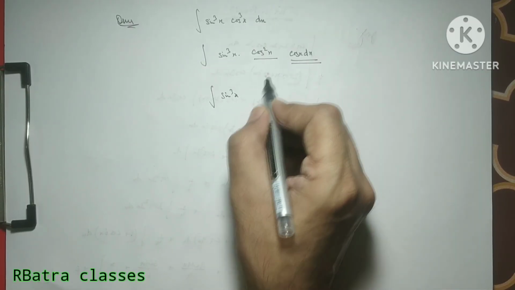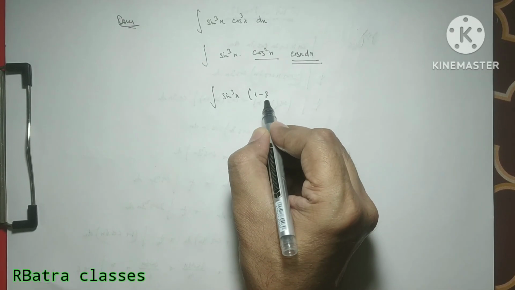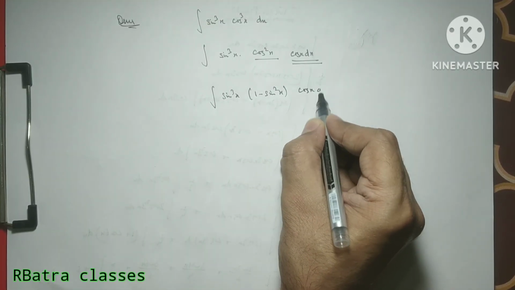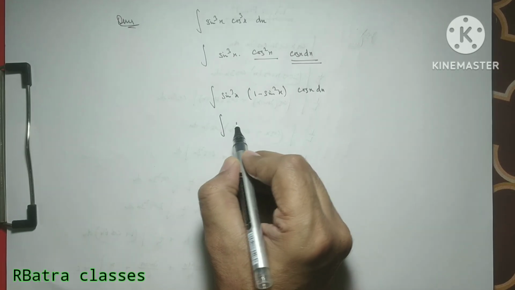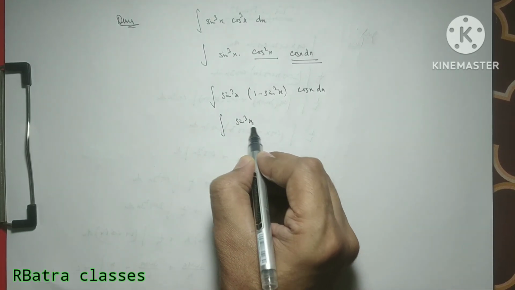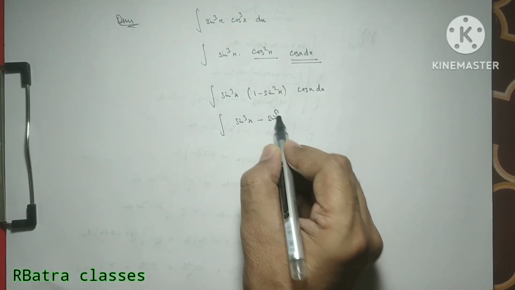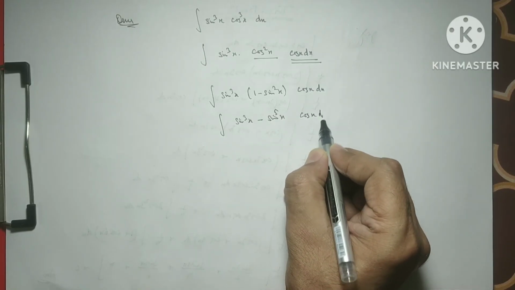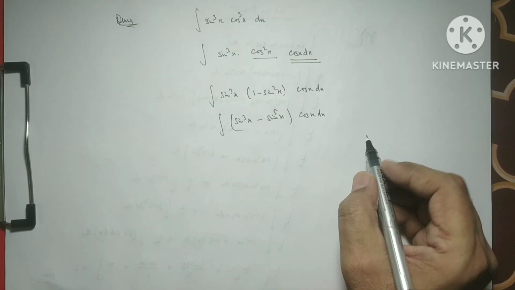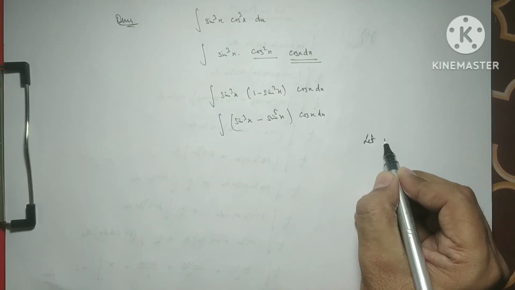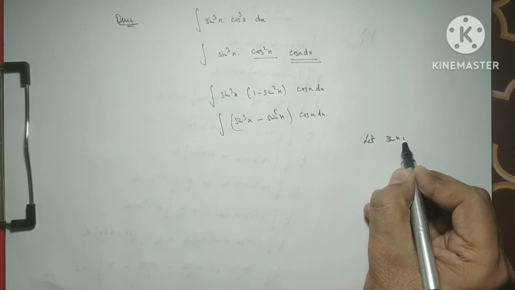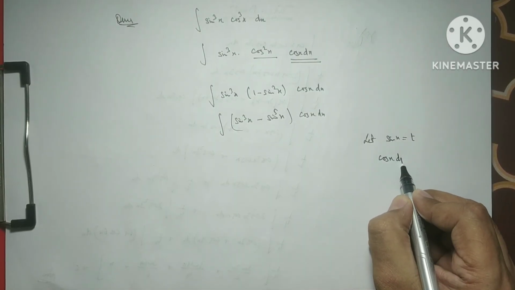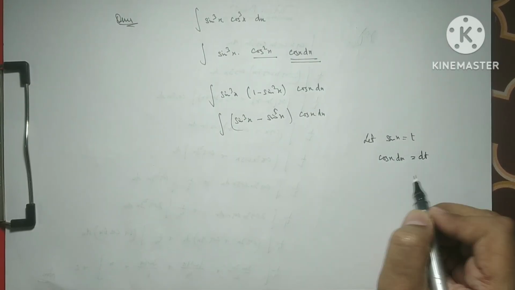But this is cos square, so we convert this as 1 minus sine square x, and this is cos x dx, and this becomes sine cube x minus sine x to the power 5 cos x dx. And right now we assume sin x as t, so cos x dx is dt.